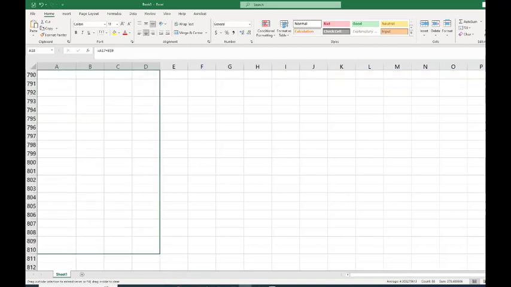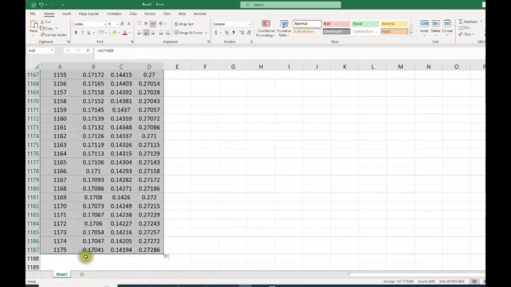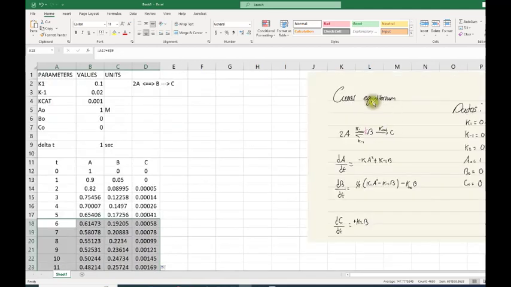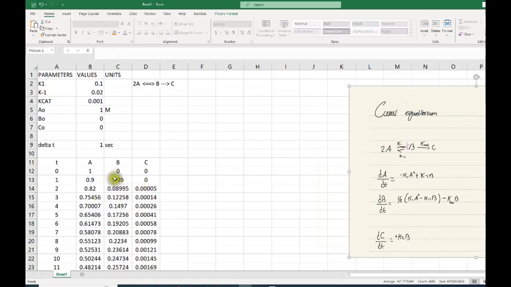Let's get this to about 1,000, a little bit more, and I can see the concentration. Maybe I'm not sure whether this is going to a steady state value. The best way to do that is to do a plot. Let's do a plot and let's find out where we are.